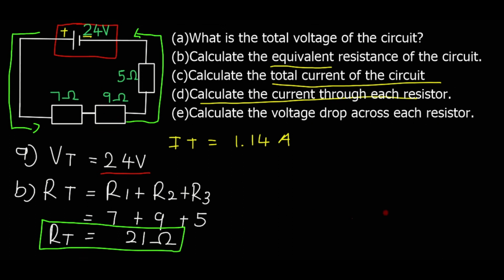So we will use this formula: R is equal to V over I, and from here we make V the subject of the formula because we want voltage, V is equal to IR. So this is part E.